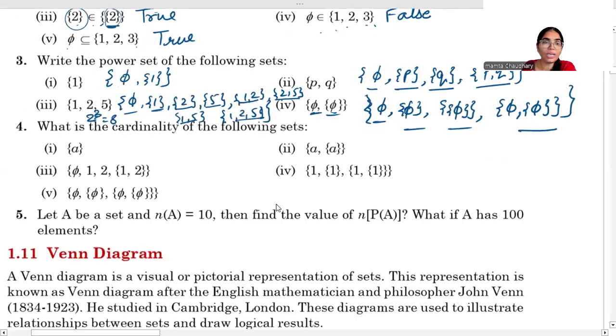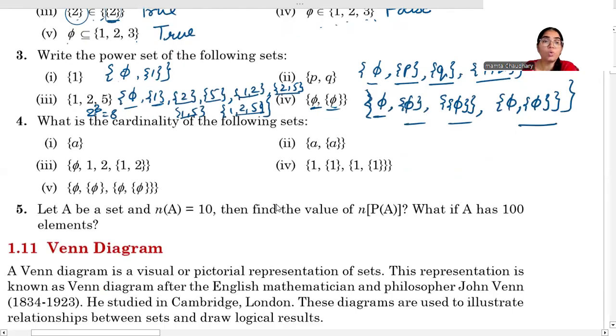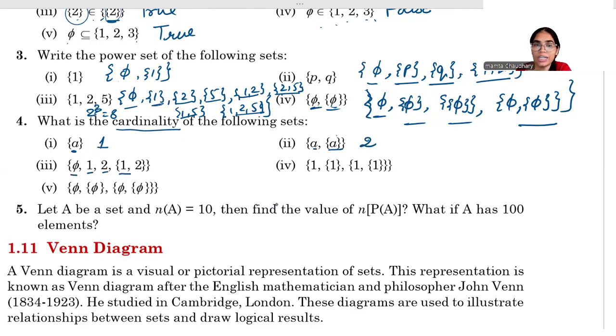Okay. Now next, question number 4. What is the cardinality of the following sets? Cardinality means the number of distinct elements in the set. So here, how many can you see? Here 1 and 2. This is set A and this is only A. Here 1, 2, 3 and 4.